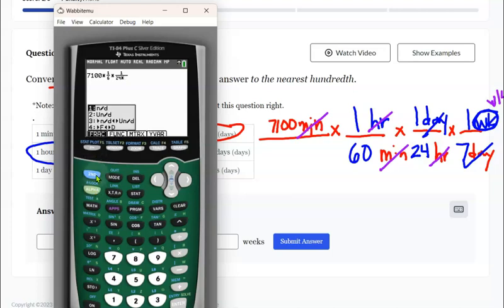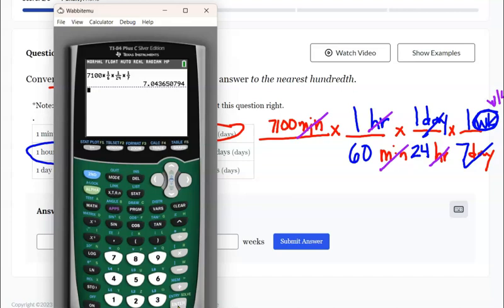Whoops, I'm in the wrong place. Gotta get out. That times sign is in the wrong place. There we go. And now we're going to times by 1 over 7. Okay, there we go. Yikes.